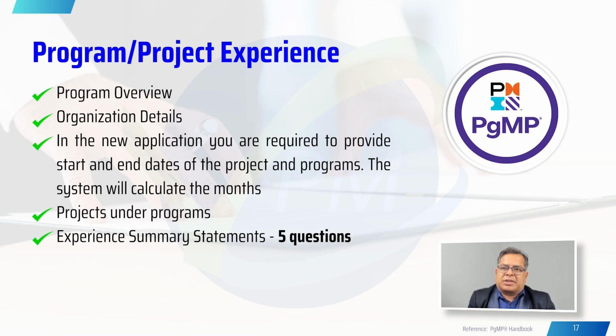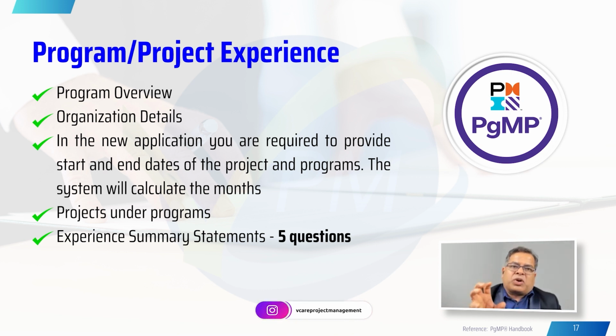And very important, you need to talk about your organization: this is my organization, this is the vision of the organization, these are the strategies, these are the objectives. And if you're in doubt, go to your website and look for some reports or investor reports. You can check more about the organization. And talk about the key driver for your program, why this program was started, and how the program was strategically aligned.